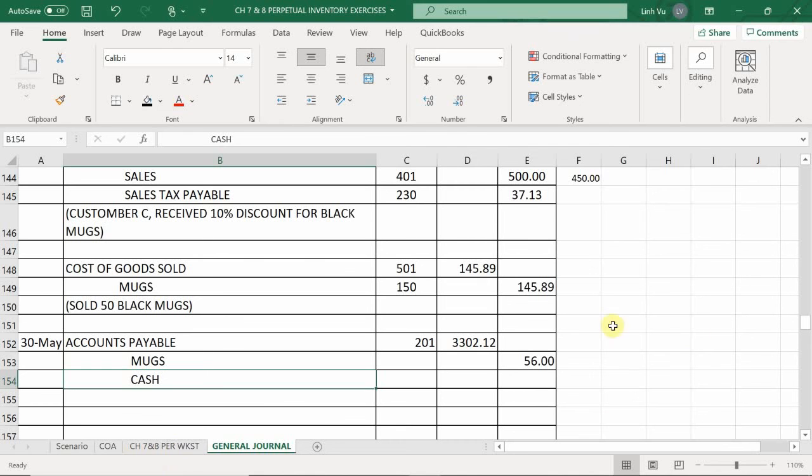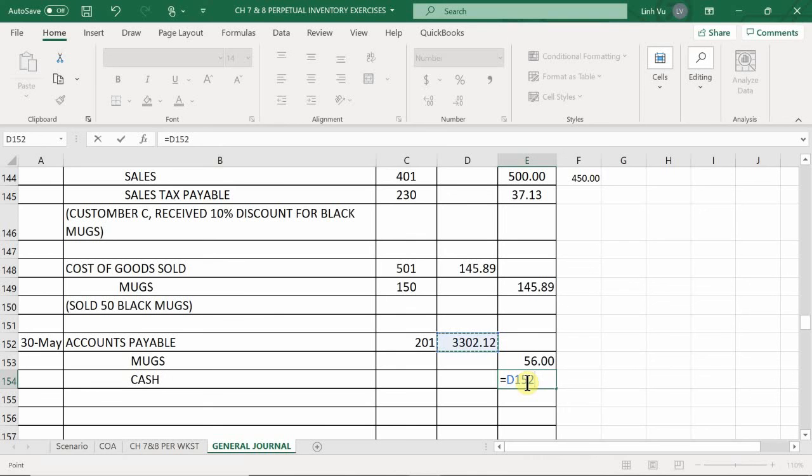So in this case, how much cash am I actually going to be paying Cuffy's Co? $3,246.12.